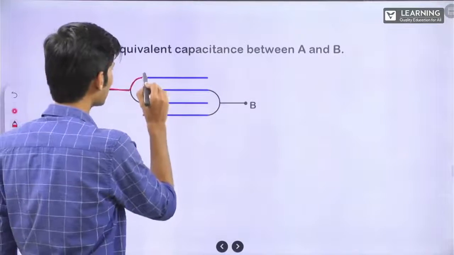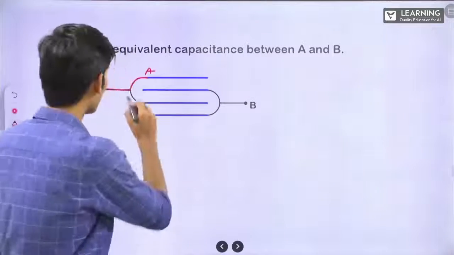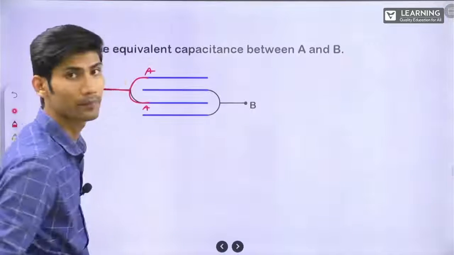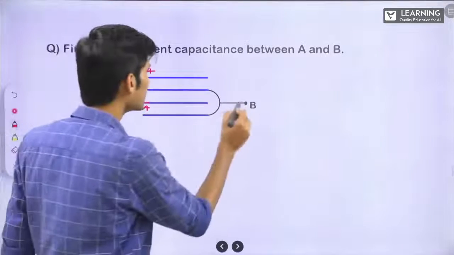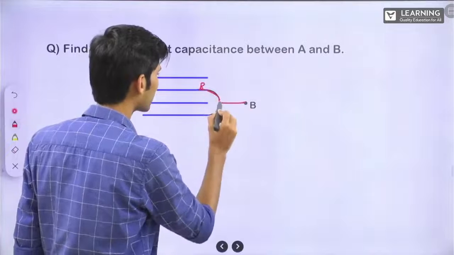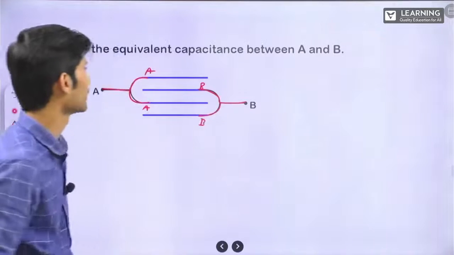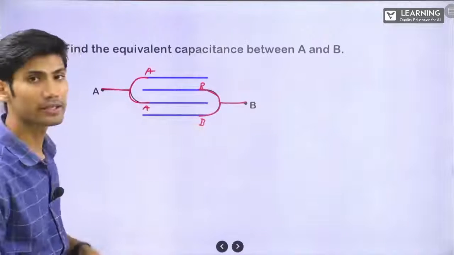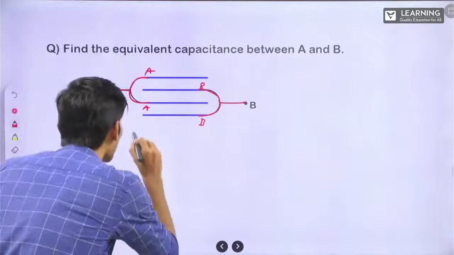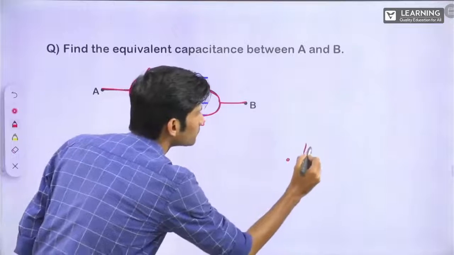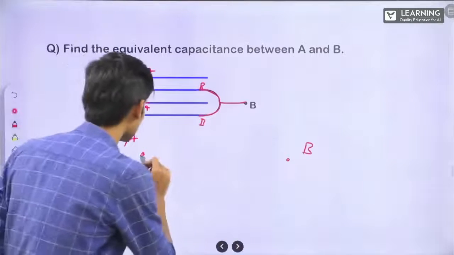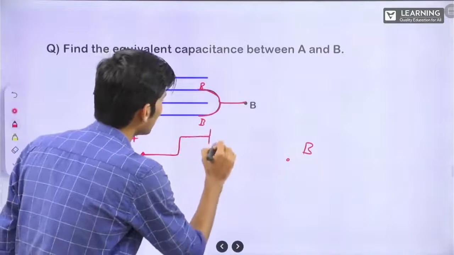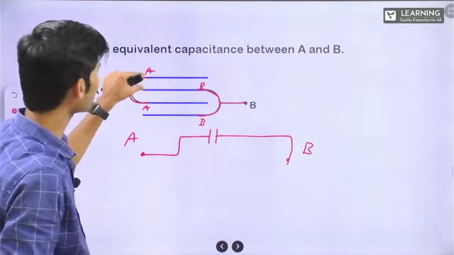If this is A, then this plate is at potential A. This plate will be at potential A. If this is B, this plate will be at potential B, and this plate will also be at potential B. So now this plate is at A, this plate is at B, this plate is at A, this plate is at B. There are 2 points, A and B. Correct? Between A and B, this capacitor is there.